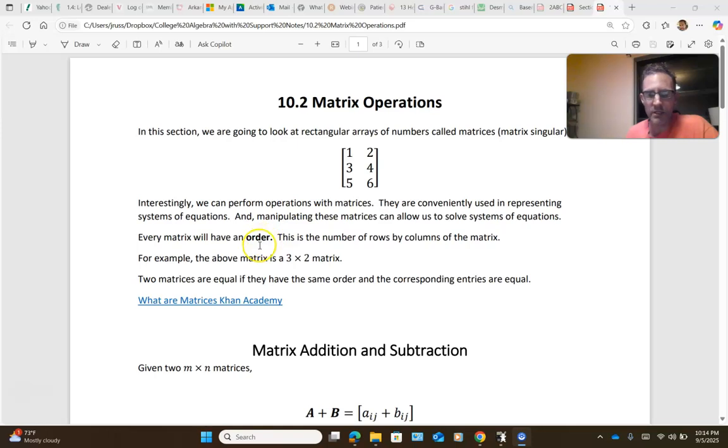And every matrix will have an order. The order is like the dimension of the matrix. It's going to be the number of rows by columns. So this matrix right here, for example, is a 3 by 2 matrix, and this is the way you would write it, because it has 3 rows and 2 columns.